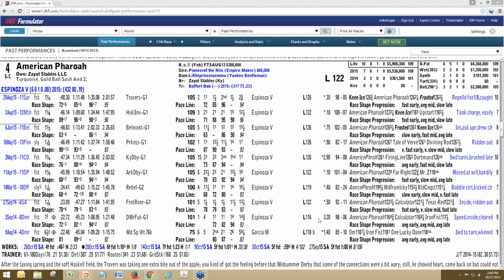I think American Pharoah's Haskell was an almost identical performance to Beholder's Pacific Classic. I think it was virtually the same race.